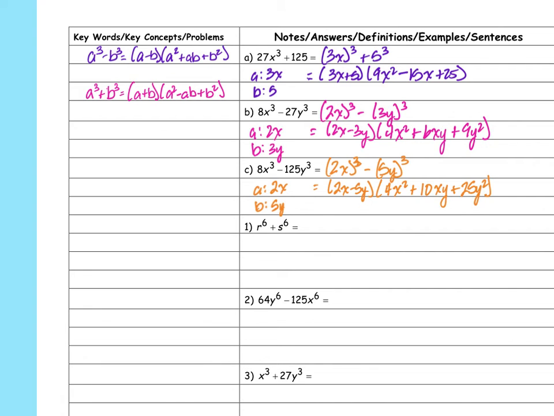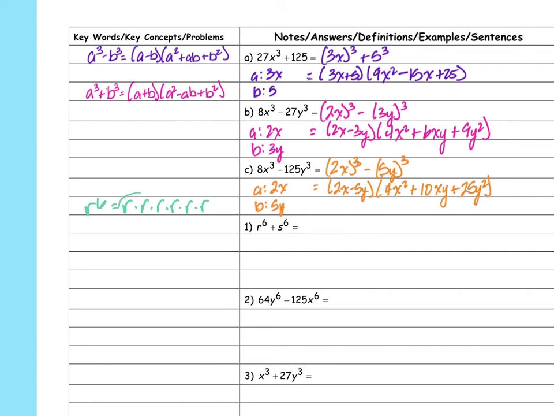So I want to think about what r to the 6th means. So I'm going to come over here to the margin. So I have r to the 6th. I want to find 3 of the same thing multiplied together that equals r to the 6th. Well, r to the 6th is r times r times r times r times r times r. So basically I want to make groups of 3 of that, correct? Because cubed means 3 of the same thing multiplied together.